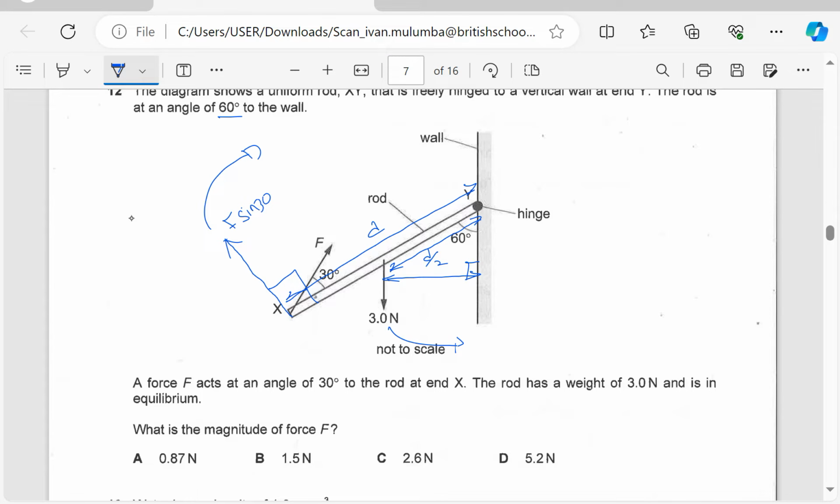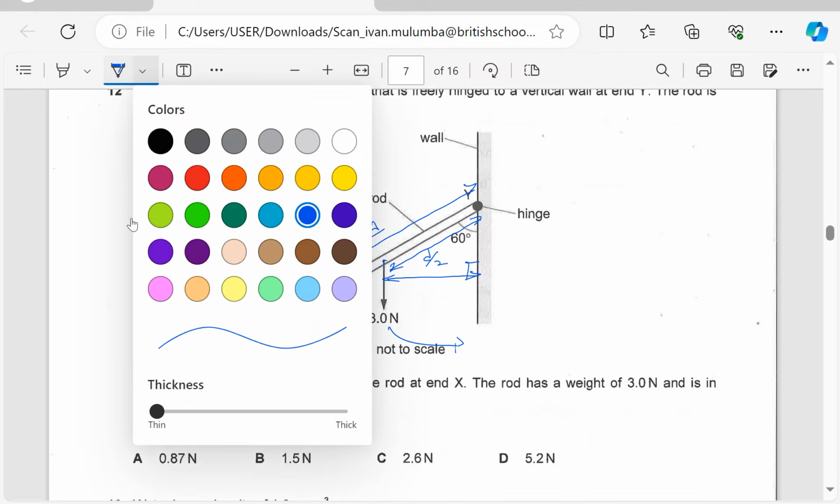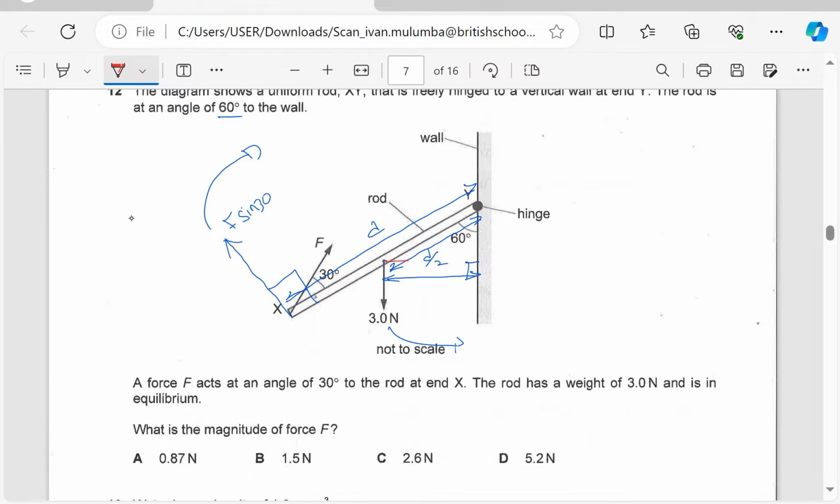So I need this distance, which makes 90 degrees. I can draw it here. Let me use a different color. I want the perpendicular distance. Of course, it must be making 90 degrees with the line of action of the force. So I want this perpendicular distance. This is opposite.